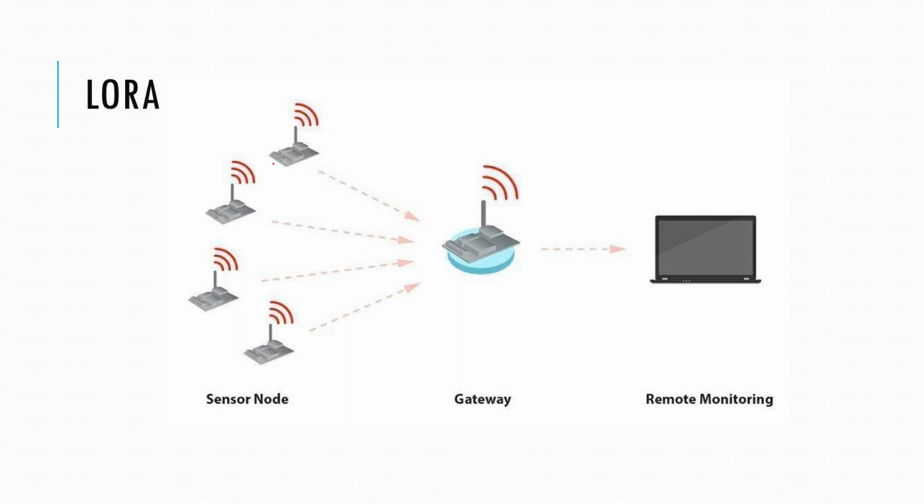If you want to implement IoT in the field, we cannot use the cellular network because the devices generally work on a very small battery, and the cellular network consumes very high power to transfer data. So we cannot use the cellular network for long range in the field because most of the devices work on very small battery.